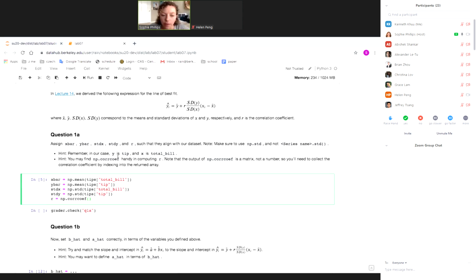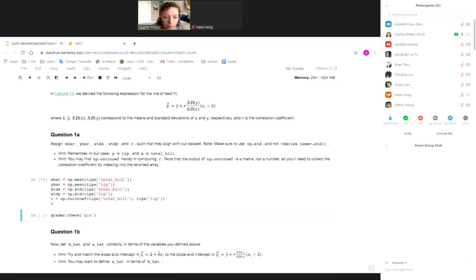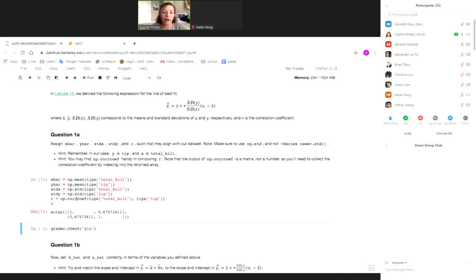One is an array of one of the variables, and the other is the other variable. Let's look at what that gives us. And so np.corrcoef returns a matrix, but we only want a single value. We just want the correlation coefficient between the two variables.